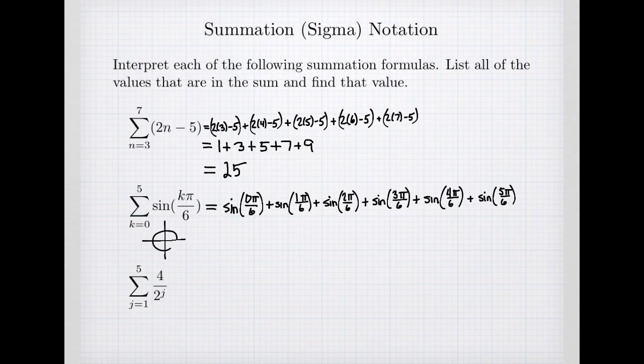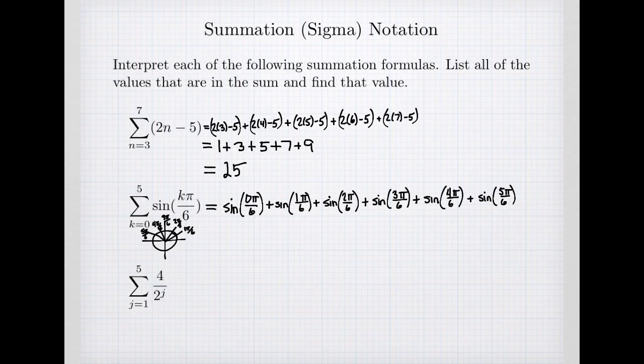So on my unit circle, pi over 6 is 30 degrees. And so in terms of pi over 6, this is 1 pi over 6, 2 pi over 6, 3 pi over 6, 4 pi over 6, and 5 pi over 6.